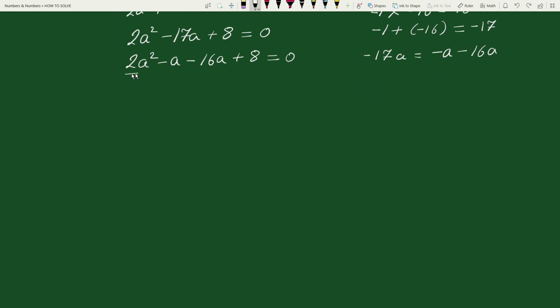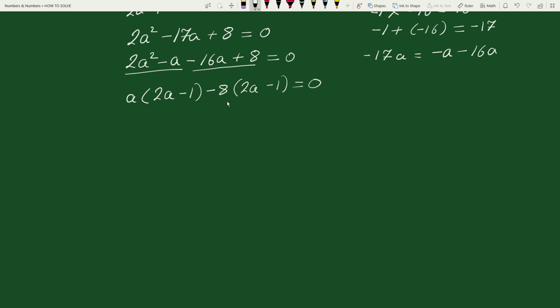Now in these two terms the common factor is a, so taking out the common factor we can write this as a times 2a minus 1. Here also in these two terms the common factor is minus 8, so taking it out we can write this as minus 8 times 2a minus 1 equals 0.